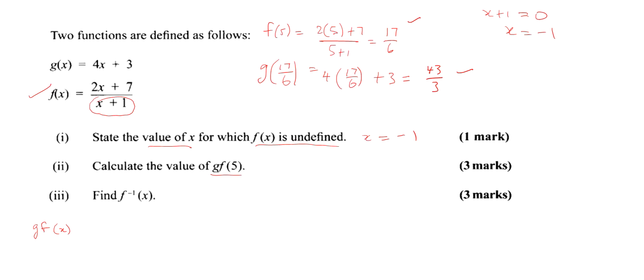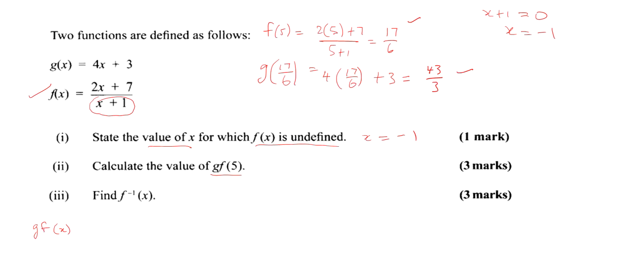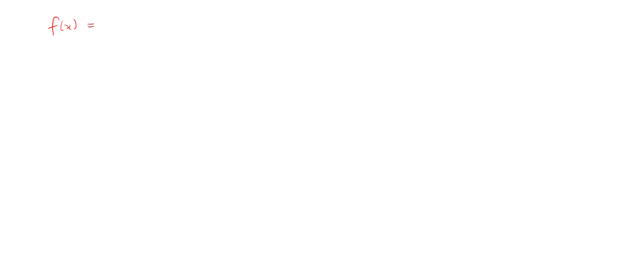Now let me do this on a separate page. So f of x is equal to, let's go back, (2x plus 7) over (x plus 1).